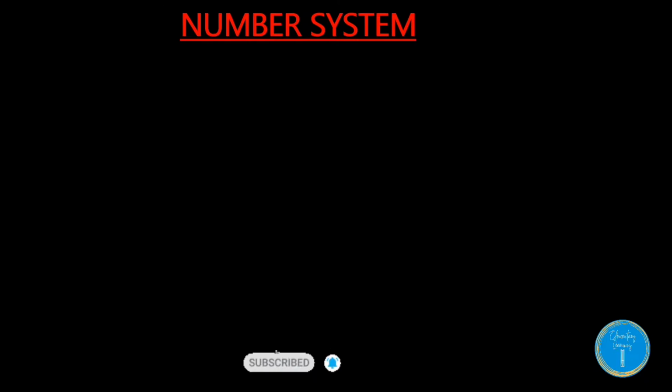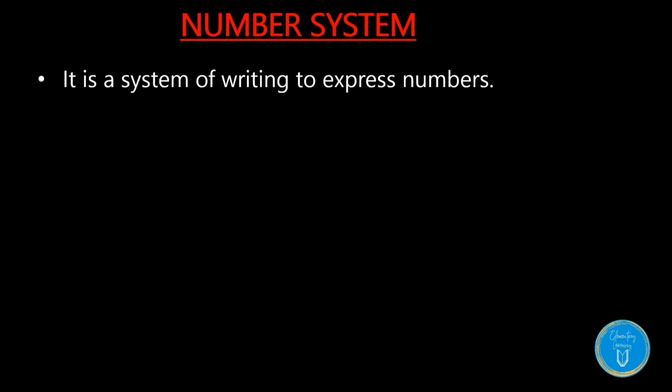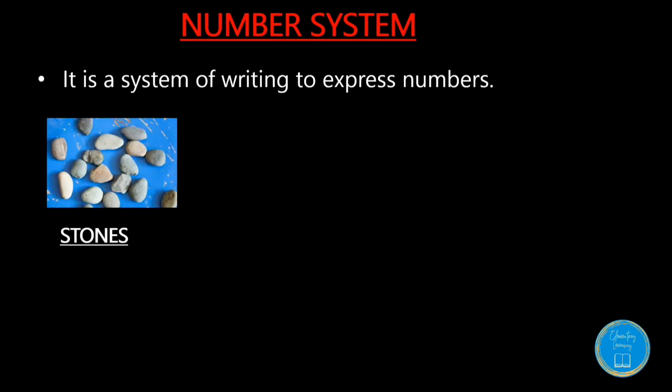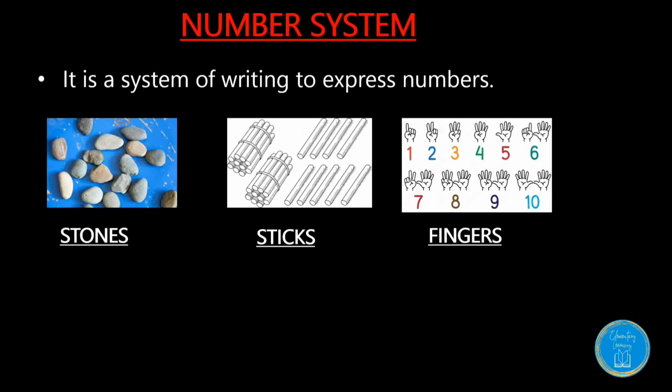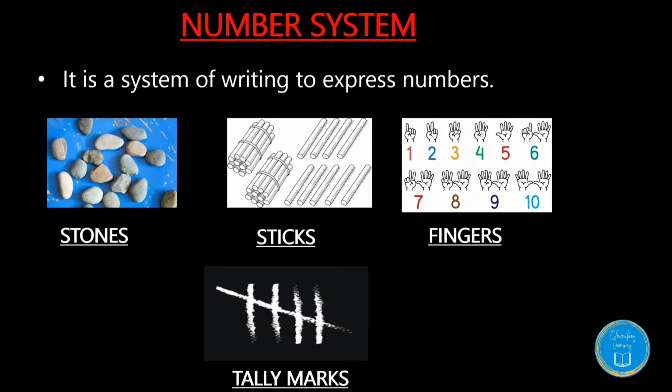So what is a number system and why was it needed? A number system is a system of writing to express numbers. Thousands of years ago, men used to count things on fingers, stones and sticks, but these were limited to small counting. Then they introduced tally marks to represent numbers.